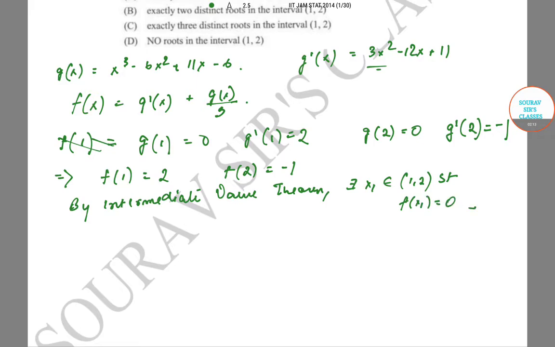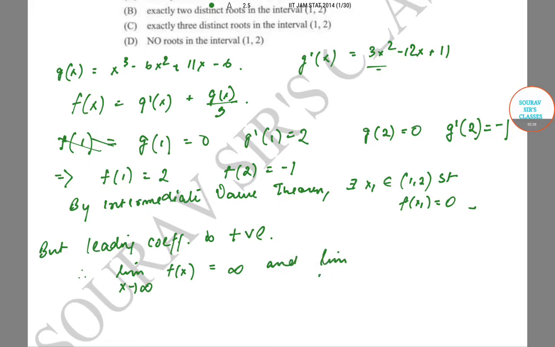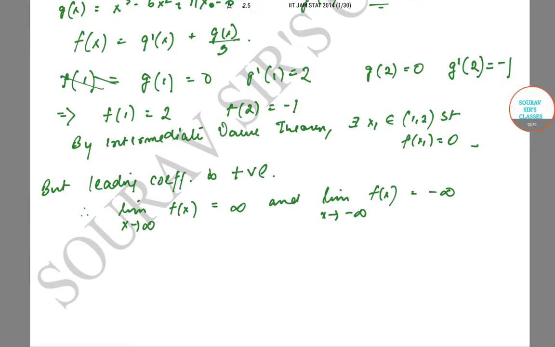Now there exists at least one root between 1 and 2, but the leading coefficient is positive. Therefore the limit as x goes to infinity of f(x) is infinity, and the limit as x goes to minus infinity of f(x) is minus infinity.